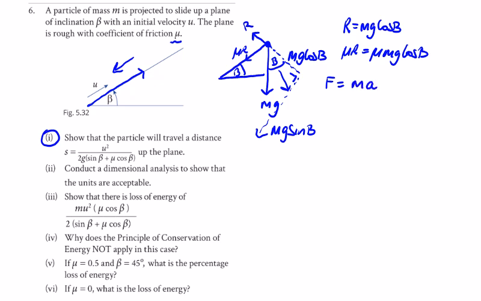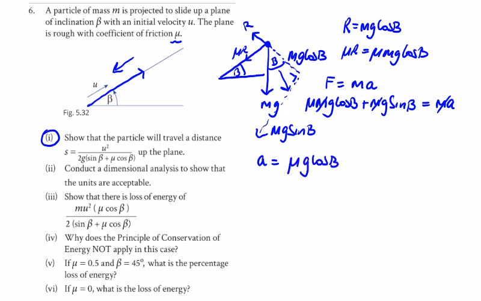So my forces are mu mg cos beta plus mg sine beta. That's going to be equal to ma. So this gives me my acceleration. My acceleration is going to be mu g cos beta plus g sine beta.